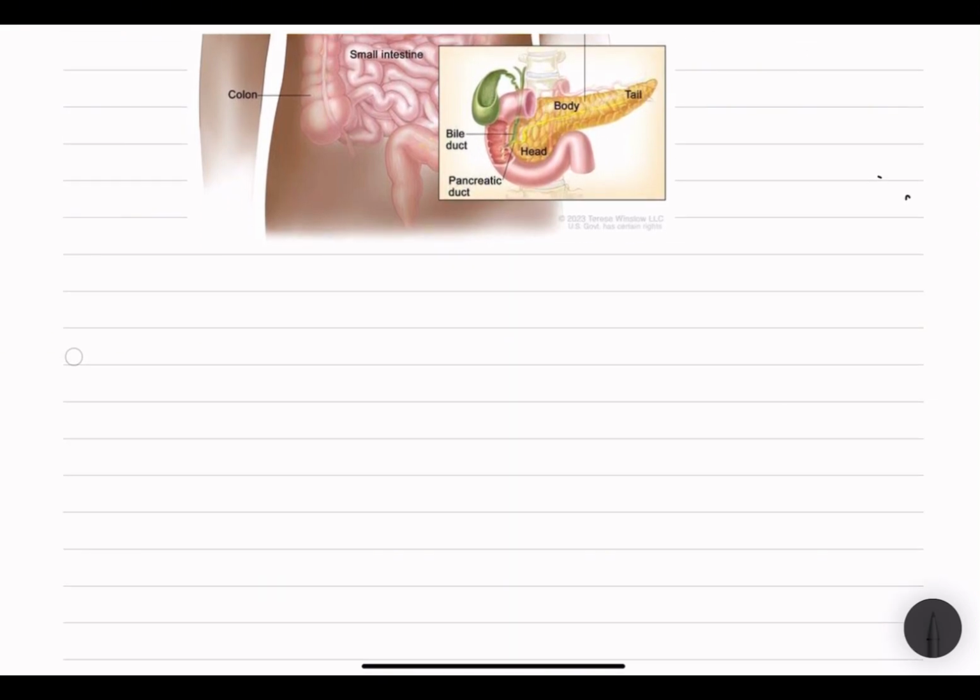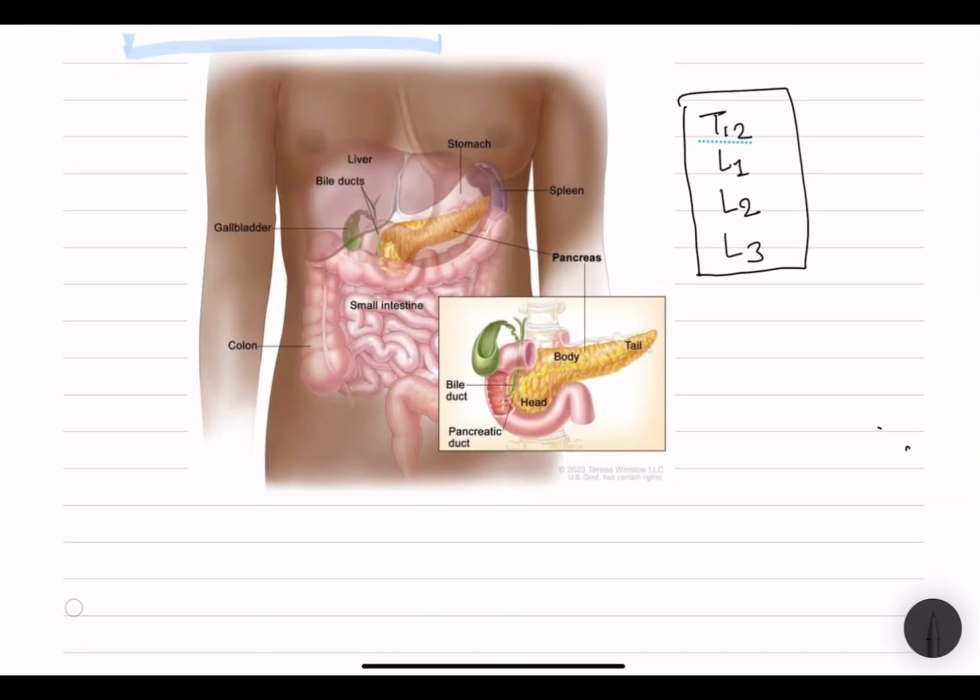This location is on the basis of the vertebra, and we also have to know the location according to the GI. So the anterior part of the pancreas, from right to left, is related to the transverse mesocolon.